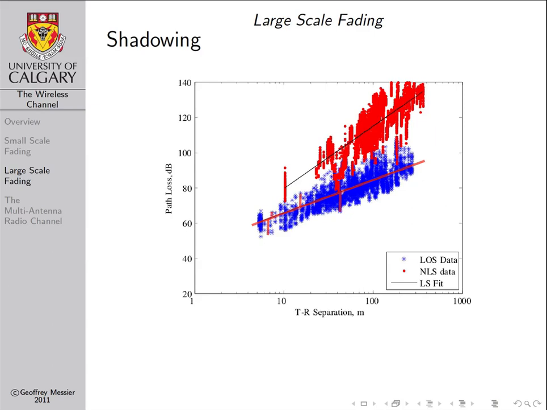That log normal distribution holds for pretty well every environment. There have been a lot of shadowing studies done both indoors and outdoors, and this log normal distribution, or if you like, the Gaussian or normal distribution in the log domain when you're working in dB, seems to hold pretty much across the board.